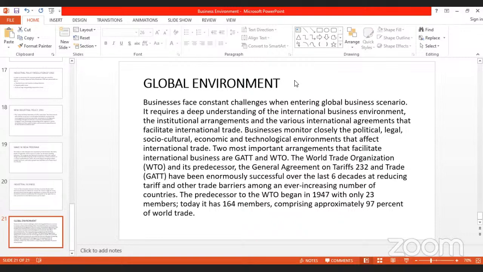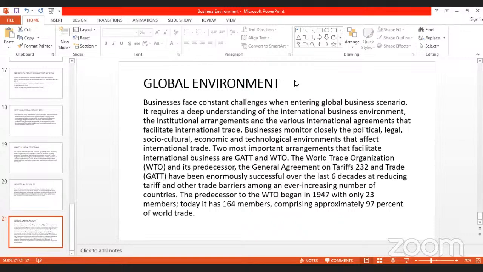There are also observer states that are not signatories to the WTO agreements, and they do not participate in free trade under WTO.